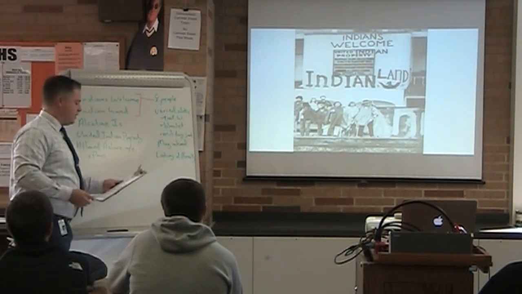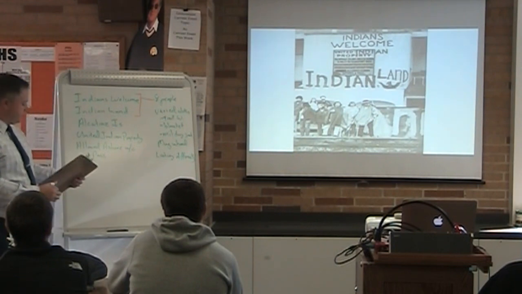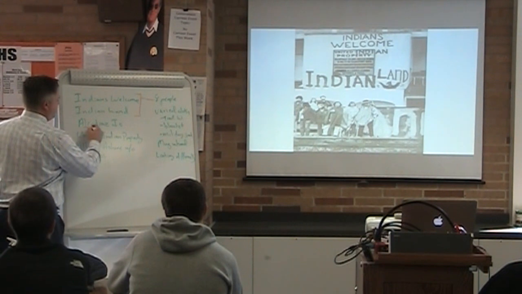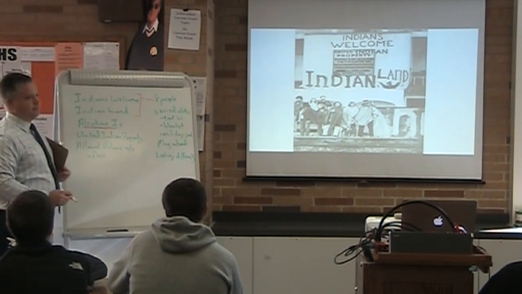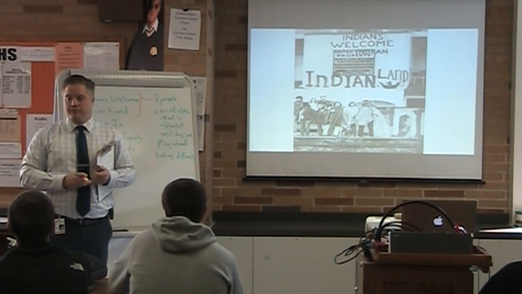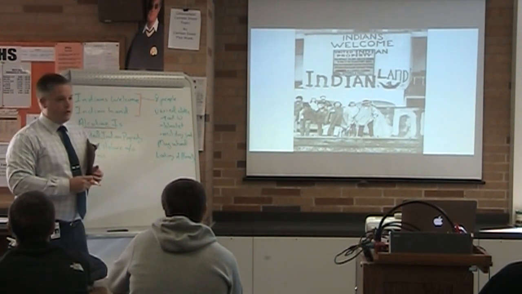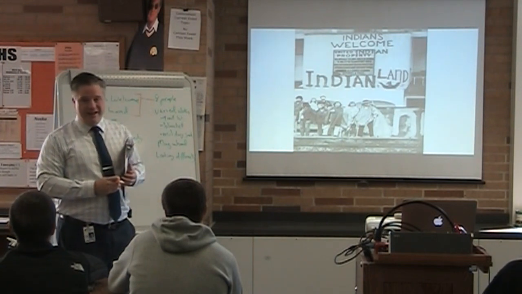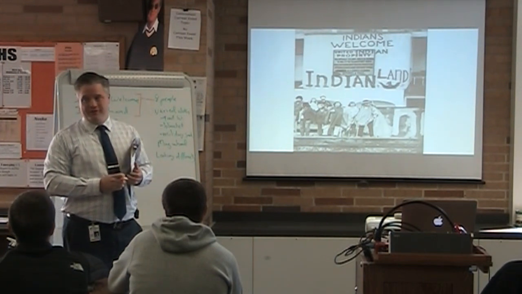Okay? Let's look at another one. The location here, Alcatraz. Alcatraz is in the middle of San Francisco Harbor. Okay? If there's one thing I know about San Francisco, it is cold.